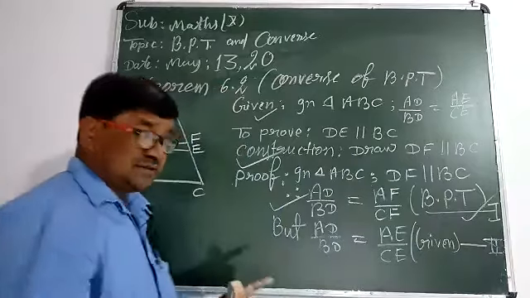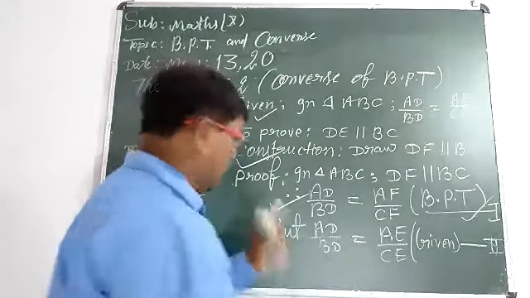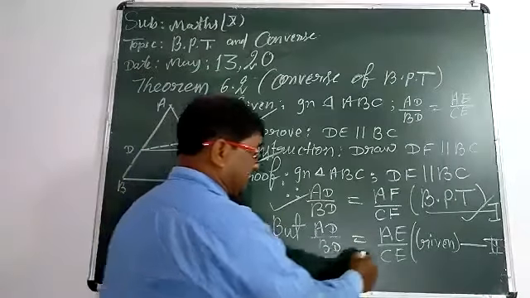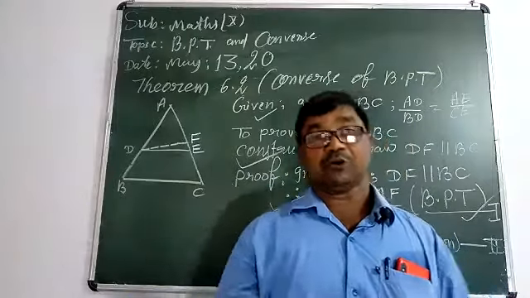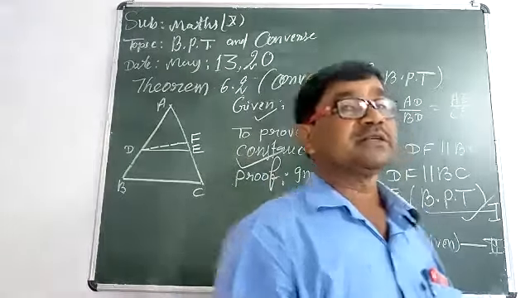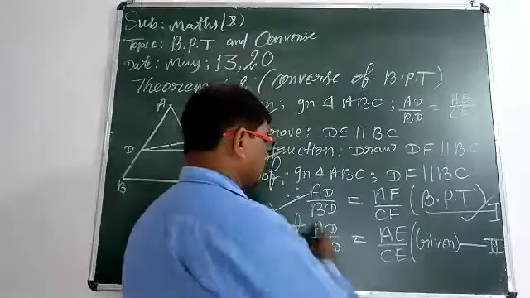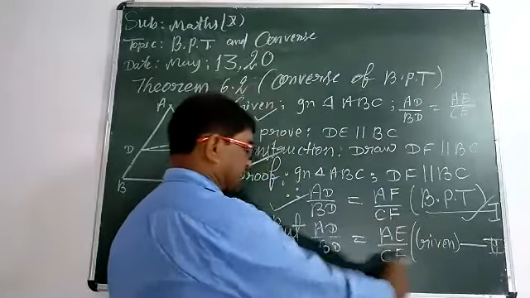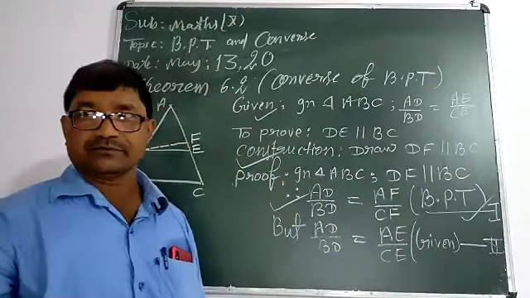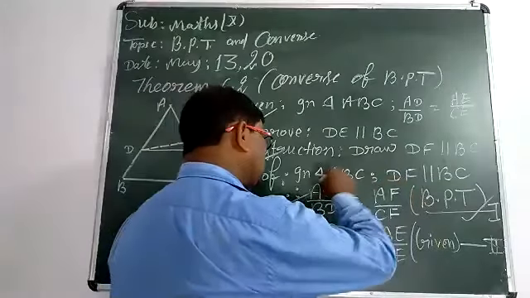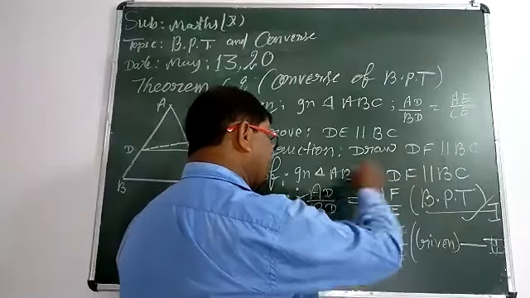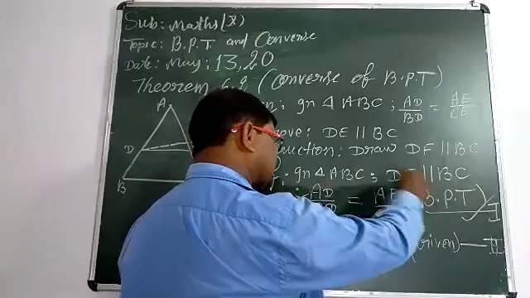But in the main statement, it is given AD upon BD equals AE upon CE. Already given. Now we have two statements, that means two equations. One is this and another is that. Okay, you can check these two equations. Do you know how we can solve? How we can check the equations?